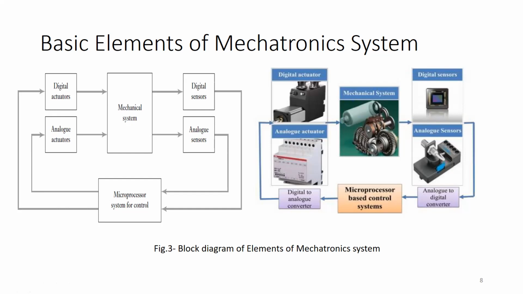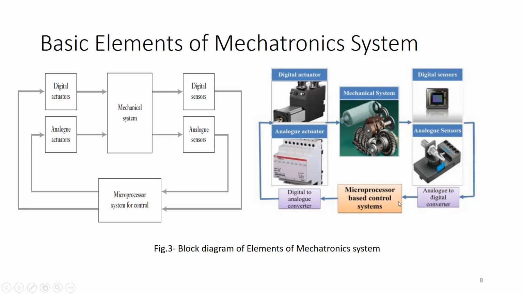This could be easily understood by taking this example of a mechanical system where there is a transmission system working. Here, the data, if directly taken in digital form, can be directly sent to the microprocessor. But if the data is in analog form, then it first needs to be converted from analog to digital. Okay.